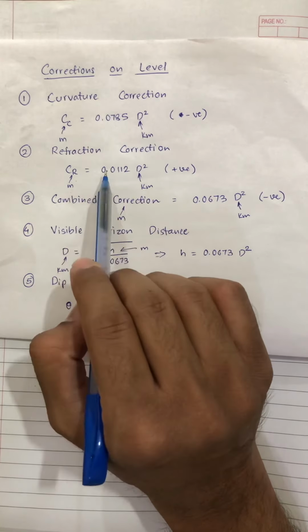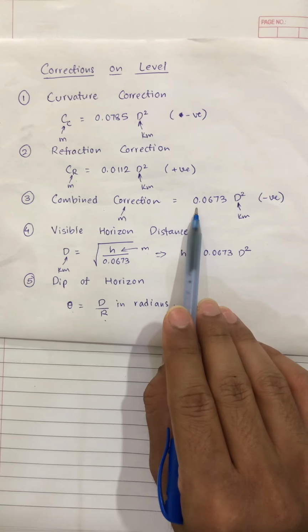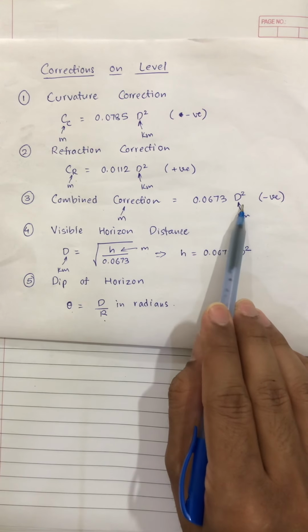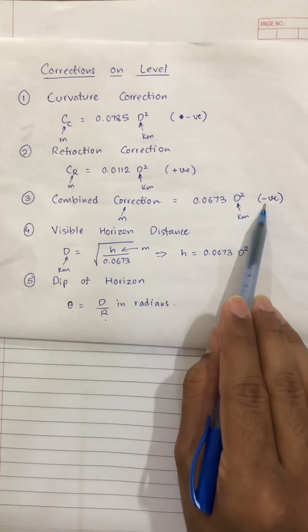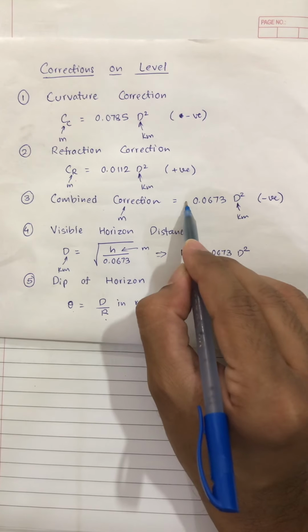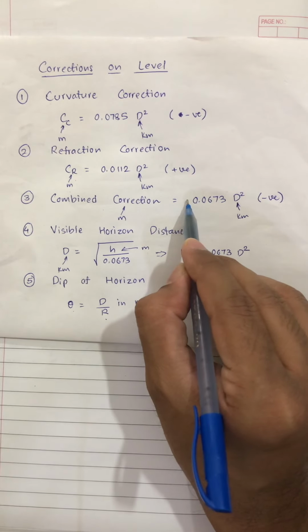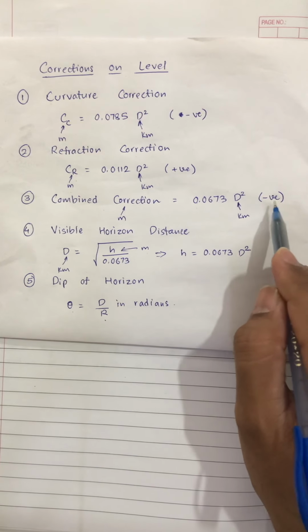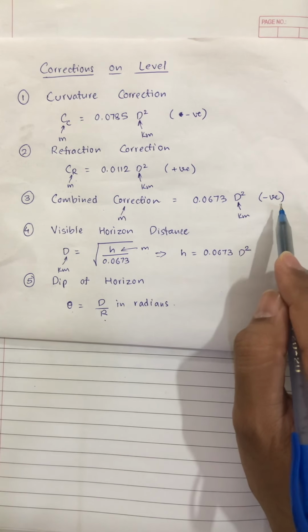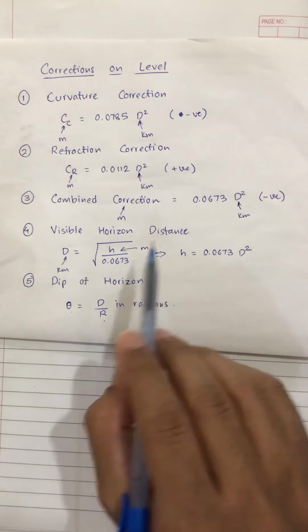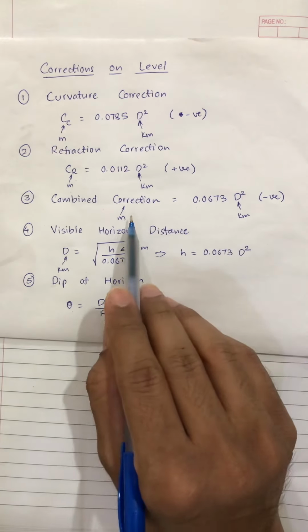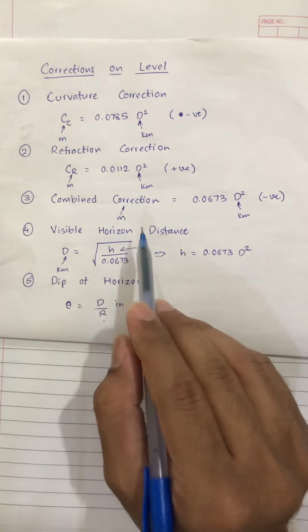So when you add these two, the value comes out to 0.0673 d square, and again it will be minus. You can substitute a minus sign over here, or you can write a minus sign in bracket after the value. Again, if d is in kilometer, the combined correction will be in meter.